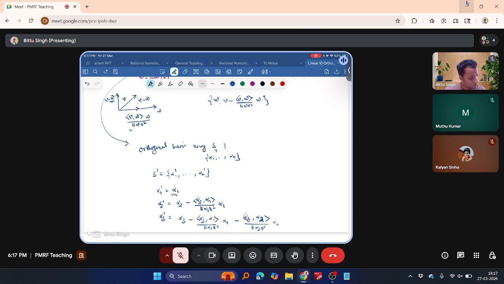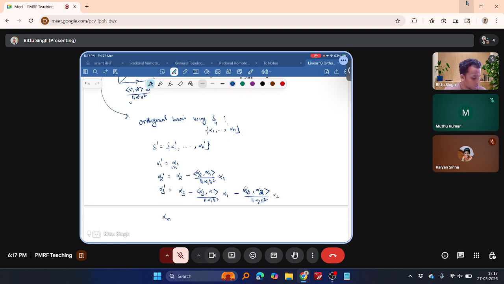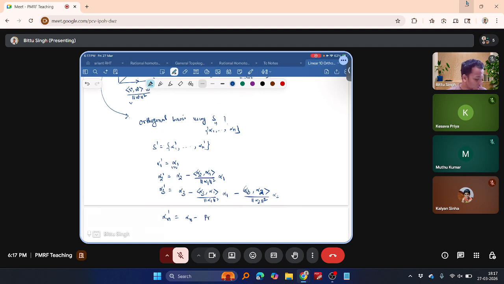Now you can clearly observe the general pattern. For alpha n dash, you need to subtract all the projections: alpha n minus the projection of alpha n in the direction of alpha 1, up to the projection of alpha n in the direction of alpha n minus 1.